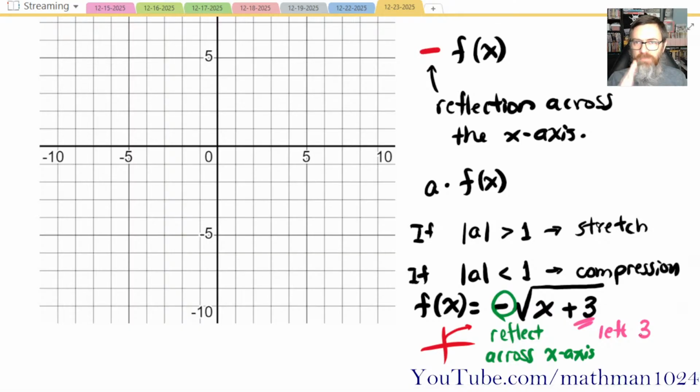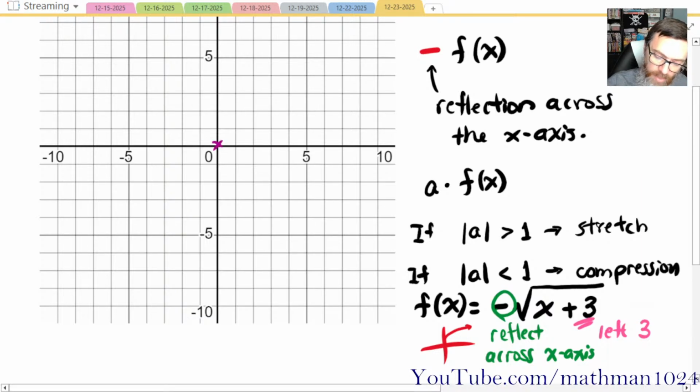It's a square root function that has been turned upside down, and it's going to be going to the left 3 units. All right, so it would have started right here, but moving to the left 3 units. So there's my starting point. I didn't go up or down at all, just shifting to the left 3 units. Okay.